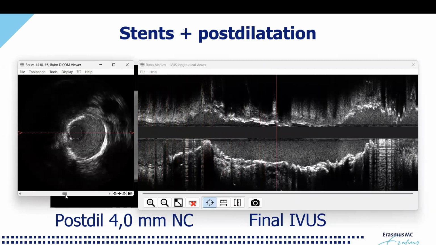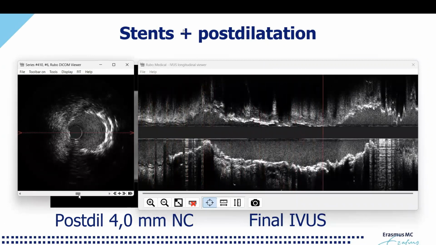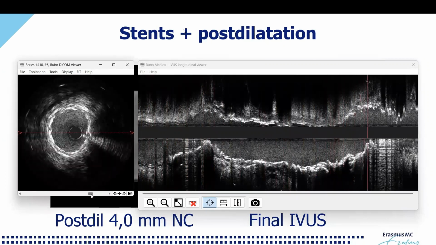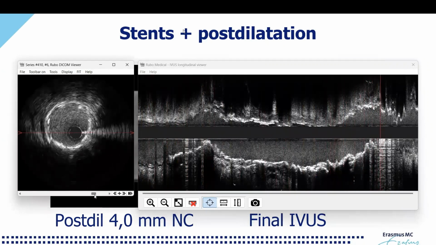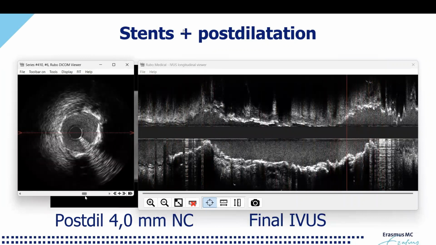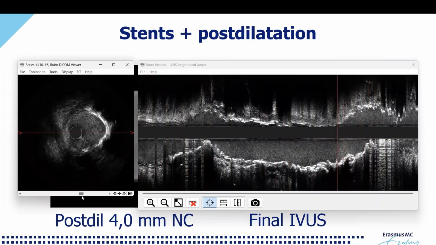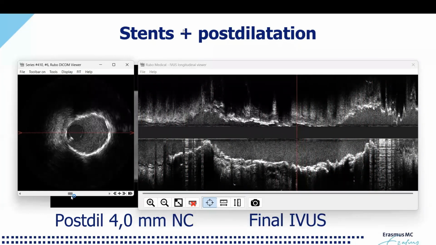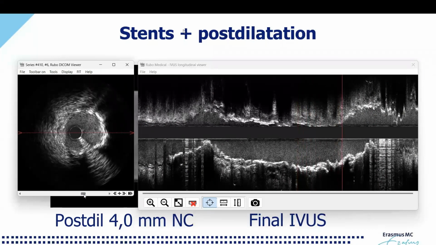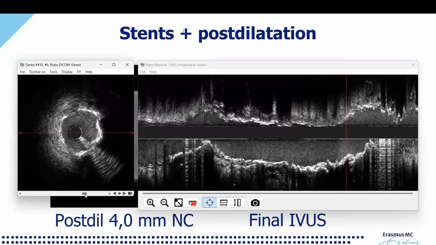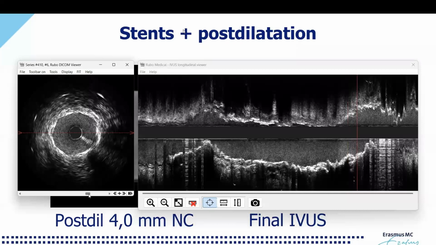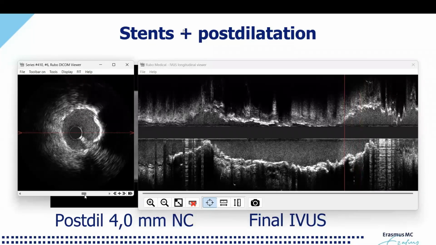You still see that now, I wonder. And what is already nice is that the system automatically gives you also the Kodama system, the HDI system gives you the longitudinal pullback, and you can already appreciate in the longitudinal pullback here that the result is quite nice. I think I'm going to measure here.